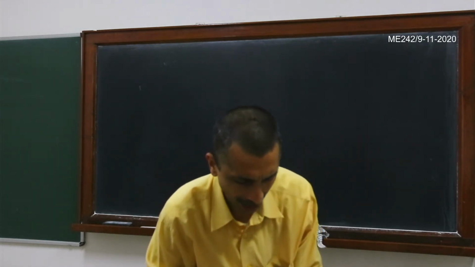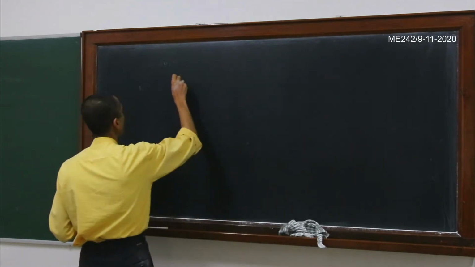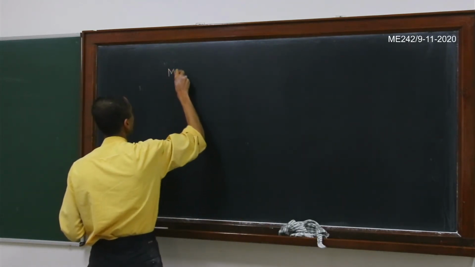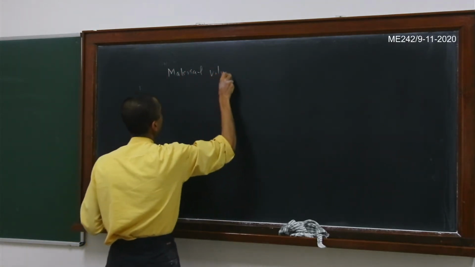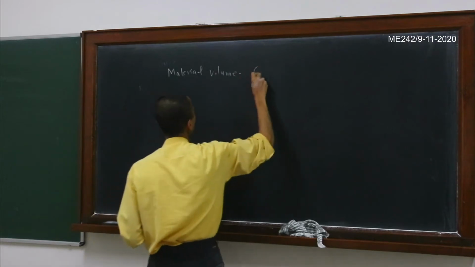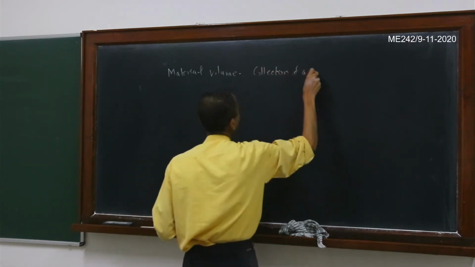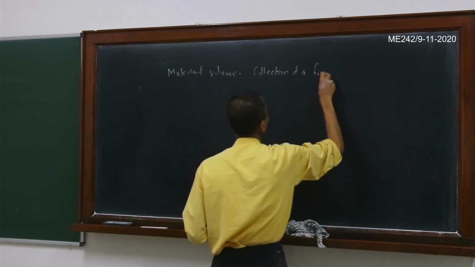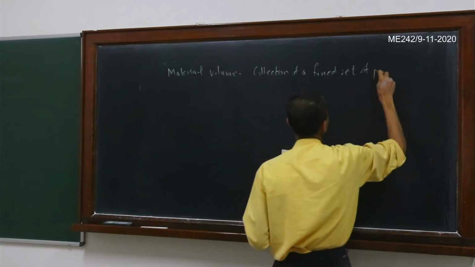So a material volume is a collection of a fixed set of particles. Okay, so material volume. So this is the concept that I am introducing now. Material volume: collection of a fixed set of particles.